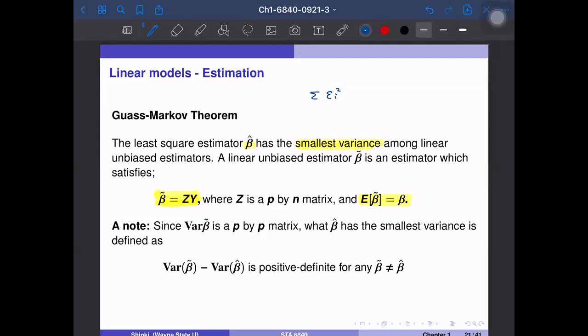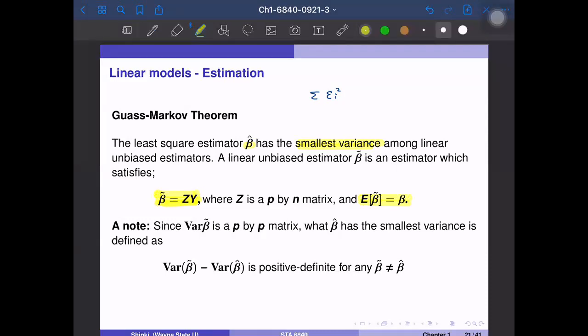If beta hat only has one component, the smallest variance is clear. So just variance is smaller than any other estimator. But if we have beta hat as a vector, the smallest variance is a little less clear.